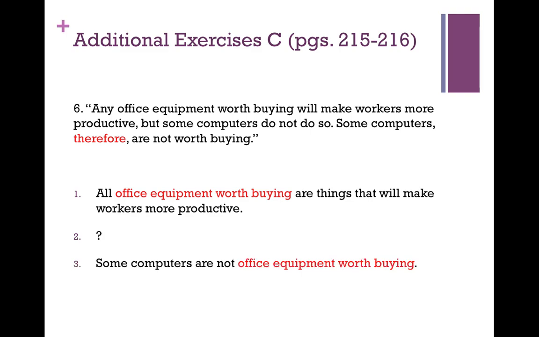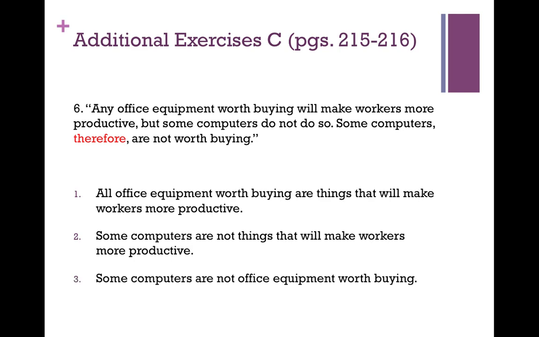Some computers are not office equipment worth buying. Now notice that our major term is consistent here and it is consistent down here. So we are naming the same class of things in both this proposition and in the conclusion down here. Now what we need to do is locate the minor premise, and that is going to be some computers are not things that will make workers more productive.